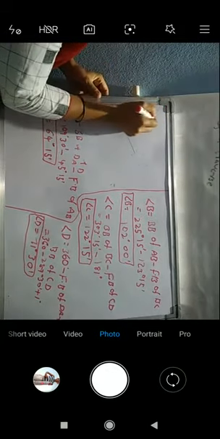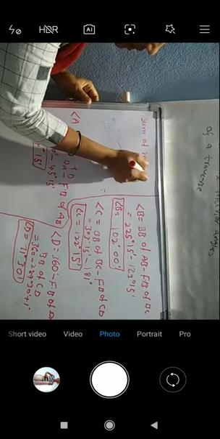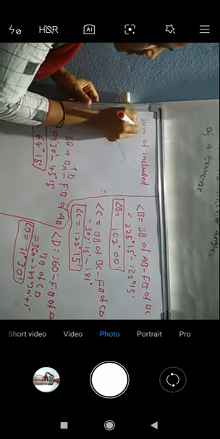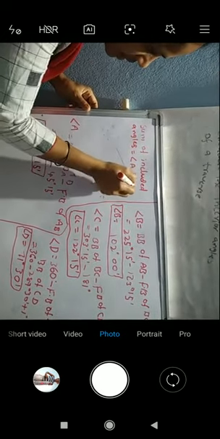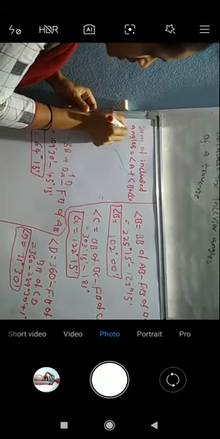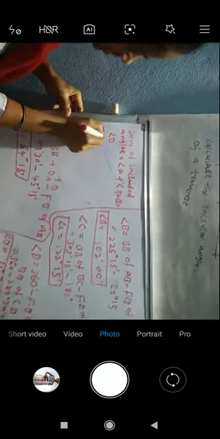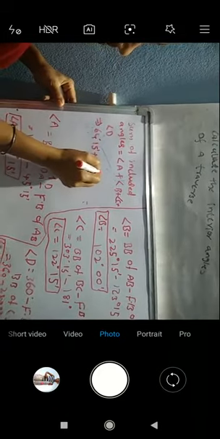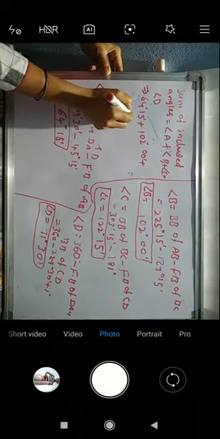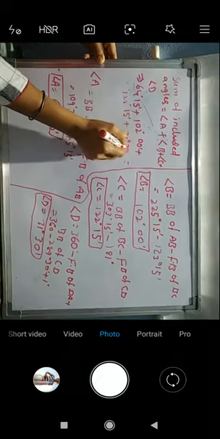Sum of included angles is equal to angle A plus angle B plus angle C plus angle D, that is equal to 64 degrees 15 minutes plus 102 degrees 00 minutes plus 122 degrees 15 minutes plus 71 degrees 30 minutes.